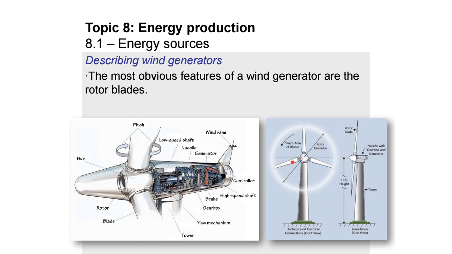So that's the first main part of the wind turbine, the blades. And then in the shaft, in the central section, what we have is a gearbox and, more importantly, a generator. And it's the generator here which generates the electricity.